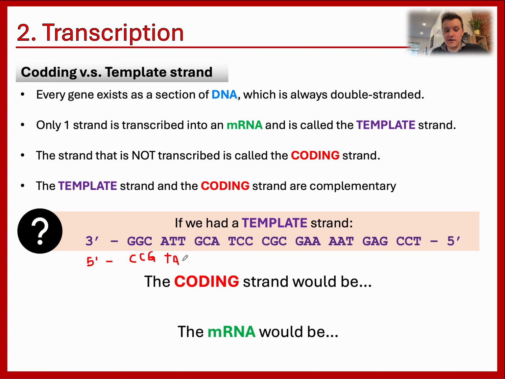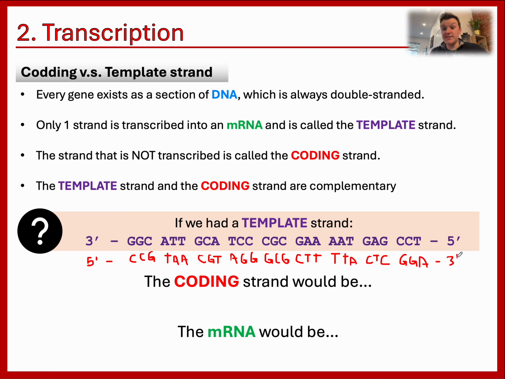TAA, AA, CGT, AGG, GCG, CTT, TTA, CTC, GGT, and then A, right?